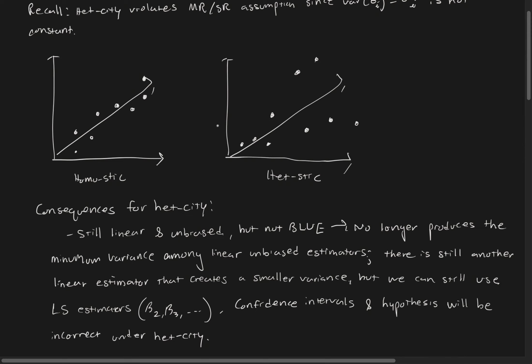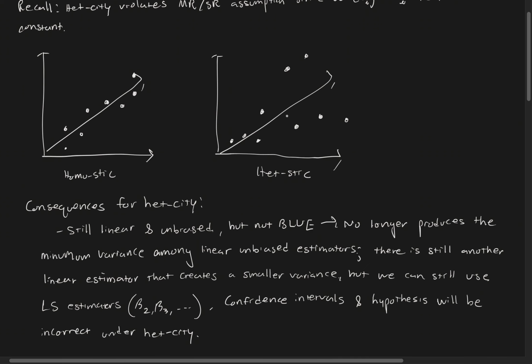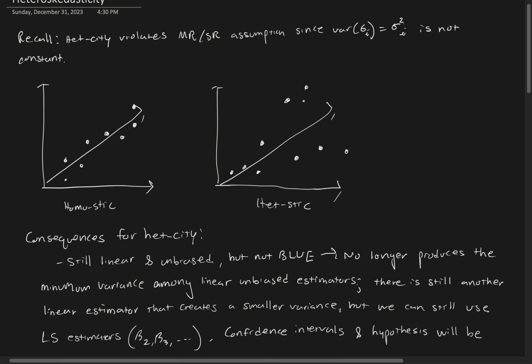Visually, we can see that in the first graph we have a constant variance, because as our x variable increases, our variance relatively stays constant. In contrast, in the heteroskedastic model, as our x increases, our variance actually increases. So it does not stay constant.